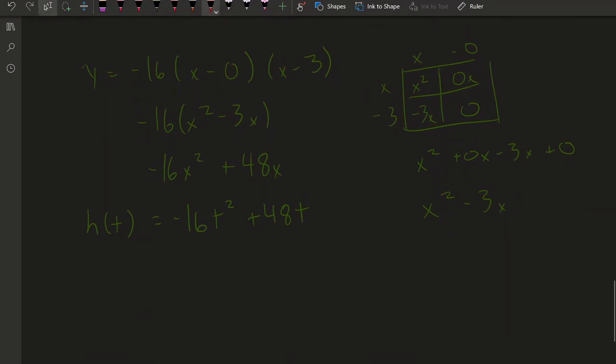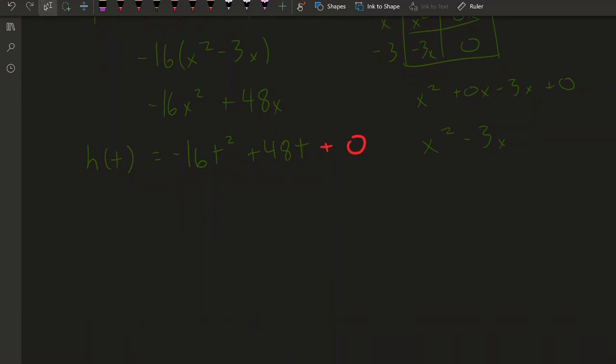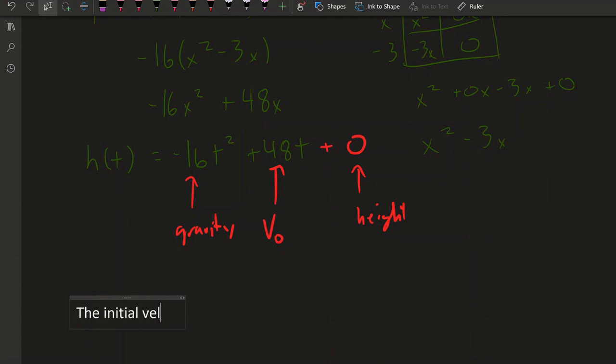And then we could also put a plus 0 at the end. There's an invisible 0 there, and the reason that's nice to see there is because this represents the height, this represents gravity, and then the one piece that we're looking for is this is the initial velocity. So I can now say that the initial velocity of the rock was 48 feet per second.